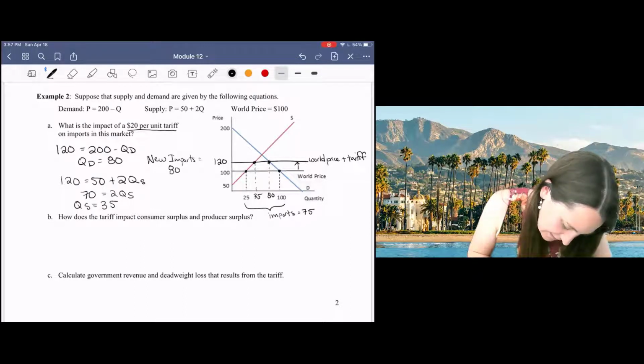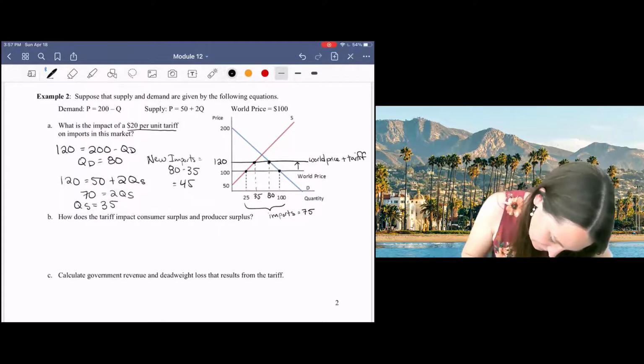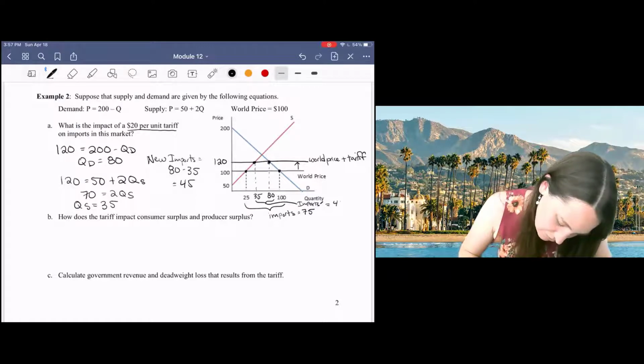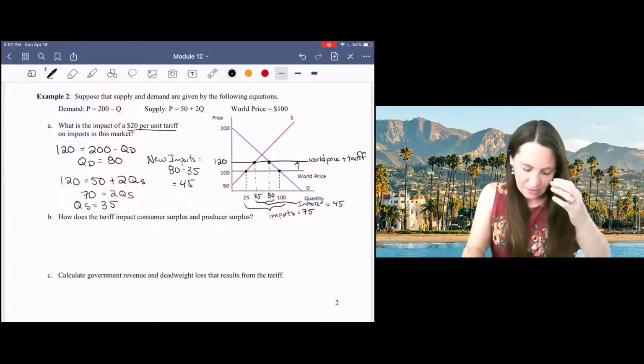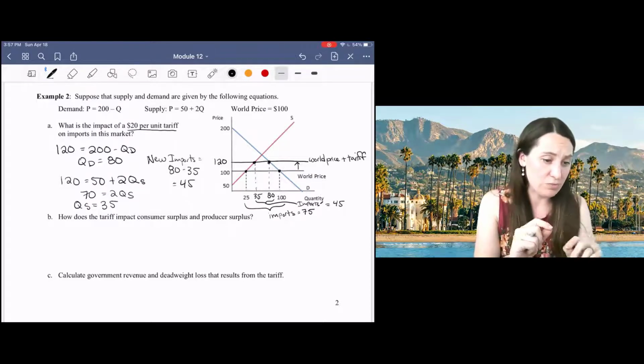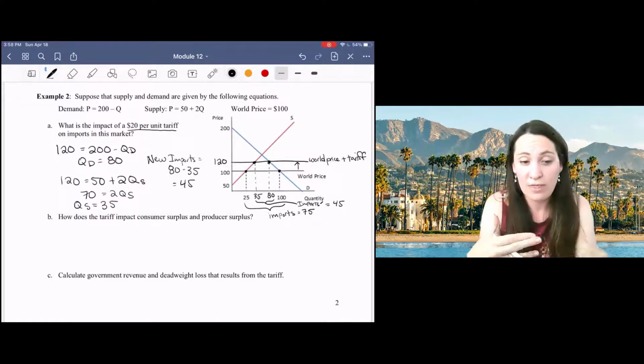So that's 80 minus 35, or 45. New imports, or imports prime, is equal to 45. So of course, when we tax something, people do it less. Same with imports. Now we want to think about how this tariff will affect the different groups within the market.